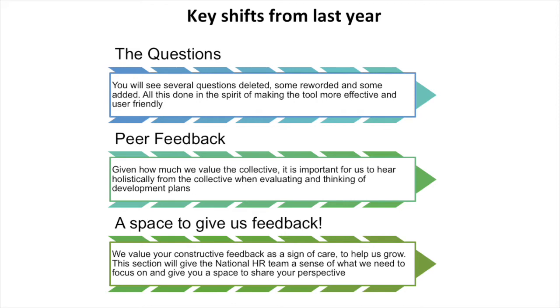And so this year, the tool tries to do or begins to do the job of collecting feedback from three other people. We're calling it peer feedback, but really it's three other people other than your manager who you work with closely in some capacity or the other.